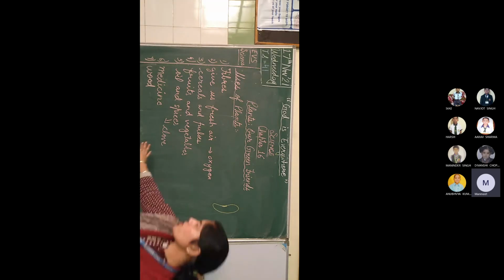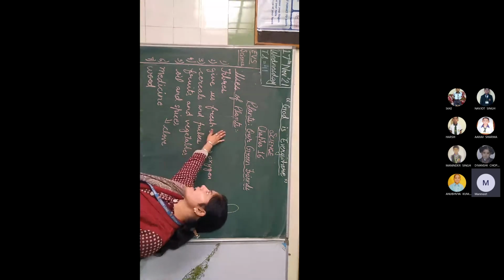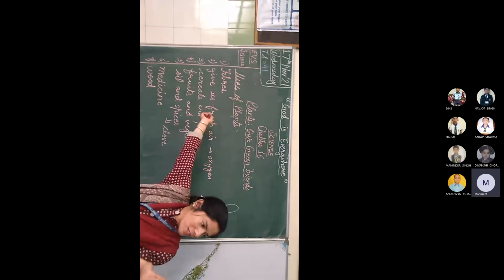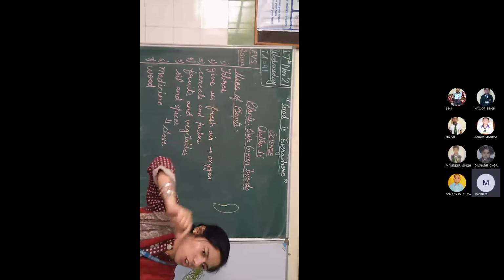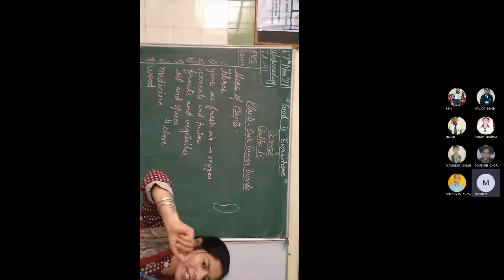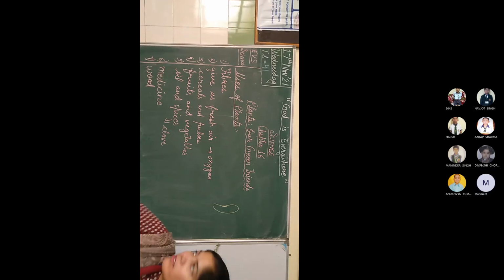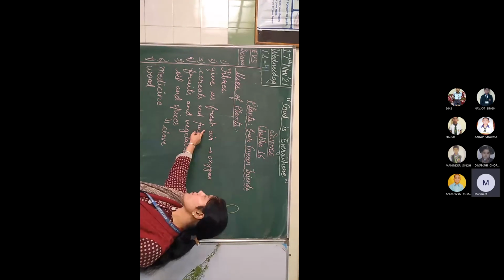Now we have finished the lesson. The uses of plants are there. We get fibers, that is of your cotton I have shown you. The fibers of cotton are used to make your cotton clothes. Plants give us fresh air.